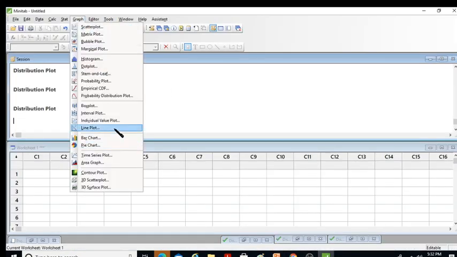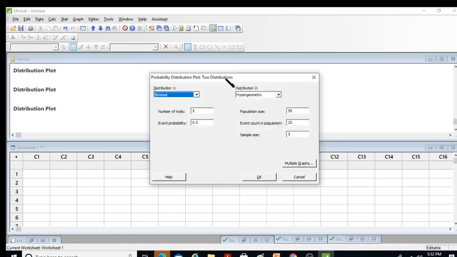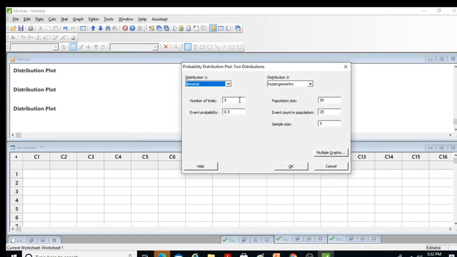Go to the Graph toolbar, Probability Distribution Plot. Let's say I want 2 distributions to compare. Just select 2 distributions, and here let's say I have a binomial distribution with number of trials 5 and event probability 0.5, and a hypergeometric distribution where the population size is 50, the event count in the population that we are interested in is 25, and the sample size is 5.